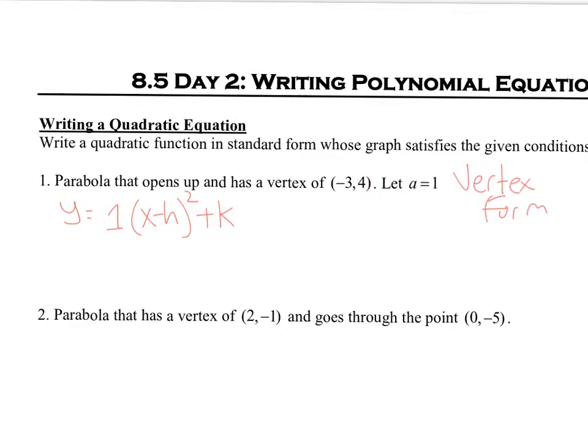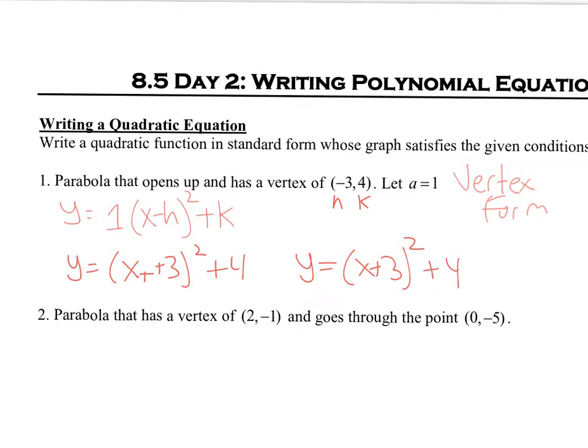We're going to have y equals, now I don't really have to write the 1, so it's going to be x minus -3 squared, and then plus 4. Okay, this is h, this is k. So, well, what's minus a negative? It's really plus positive. And so my final answer here is going to be y equals x plus 3 squared plus 4.